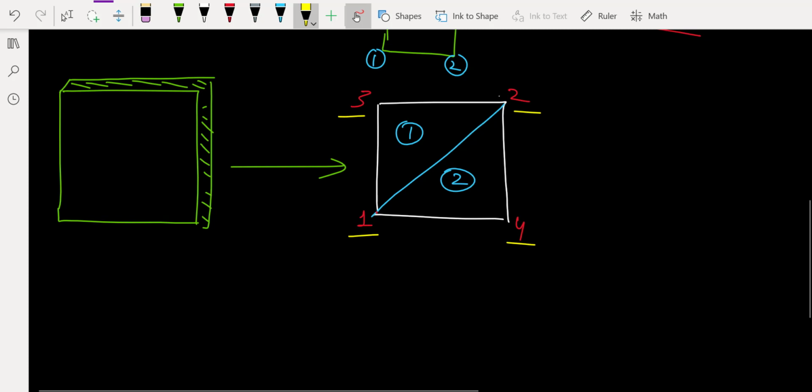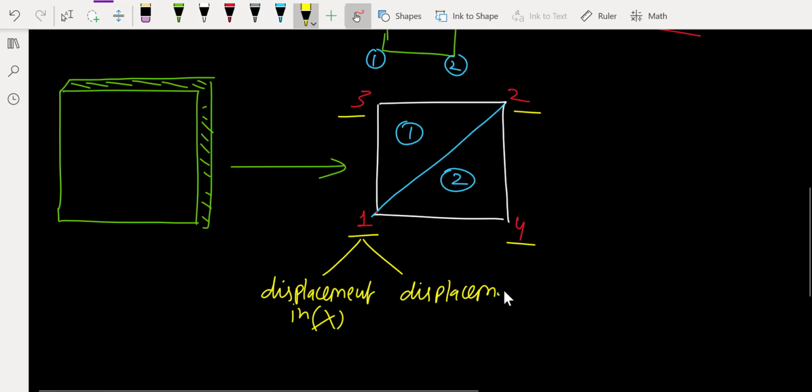Okay, and because we are dealing with a 2-dimension problem, every node has 2 degrees of freedom. 2 degrees of freedom means displacement in x, and then displacement in y direction.